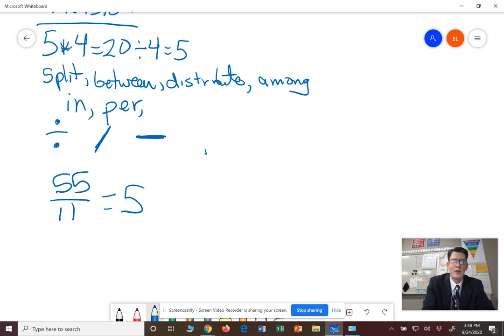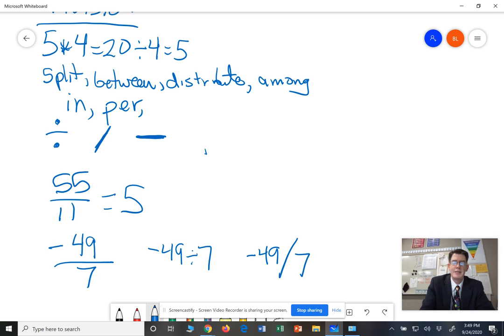Hopefully going to try to make it where it's fairly easy. Negative 49 divided by 7. Another way to write it is negative 49 divided by 7. Another way to write it is, let's see, negative 49 divided by 7. Either way, no matter which of those ways you do it, you're still going to get negative 7 as the answer.